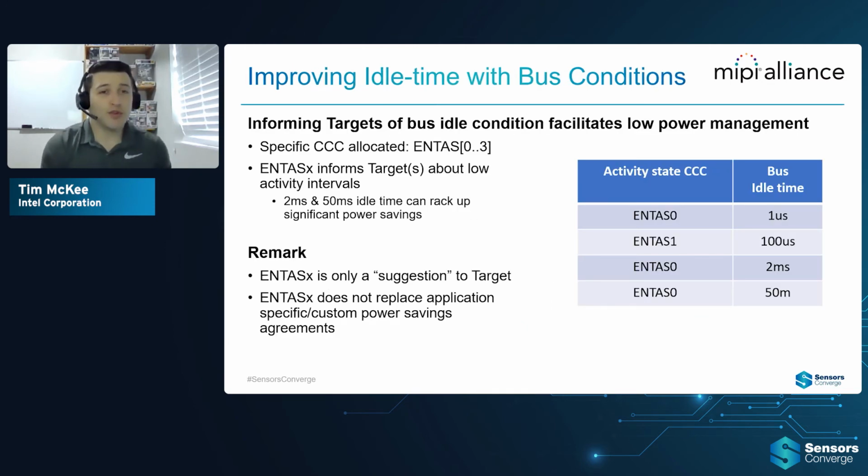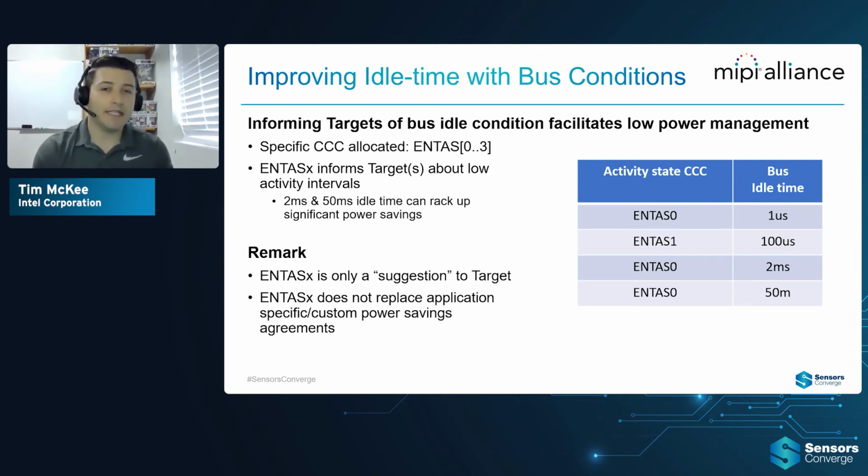We wanted to improve our idle time. Informing targets of bus idle conditions facilitates a much better low power management. So if you're familiar with I3C, you will know of things called CCCs, which are common command codes. We use common command codes and created different activity states.